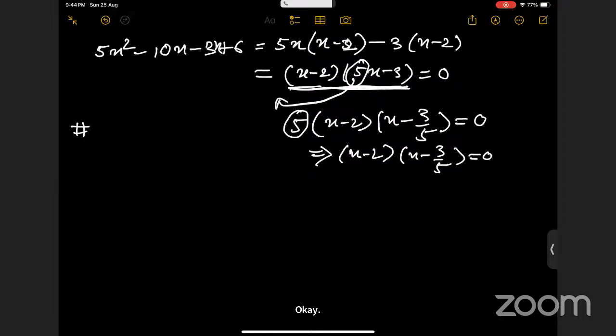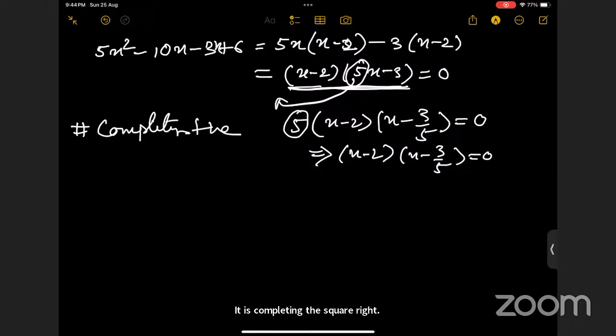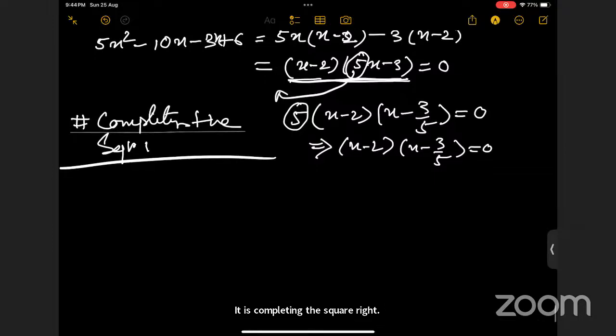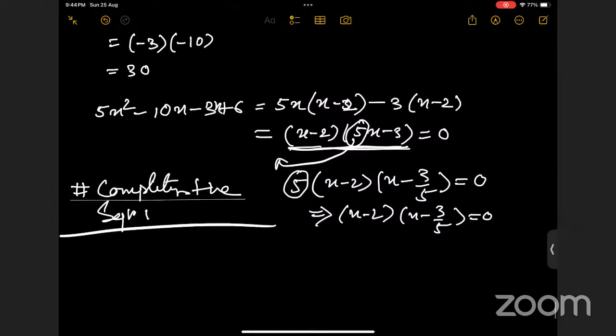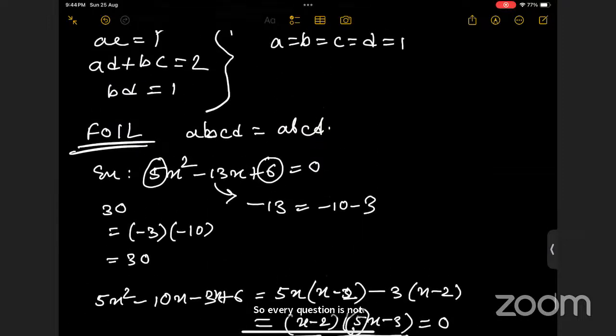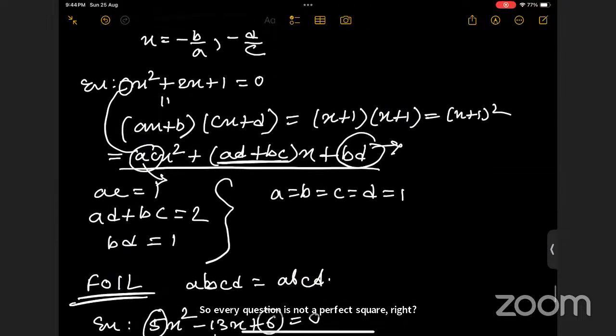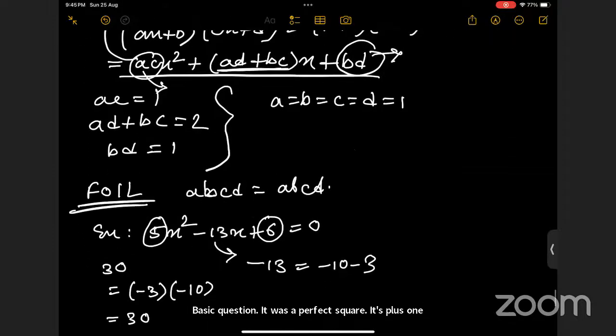Right. So there was another form, which is completing the square, right? Every equation is not a perfect square. In the first case, I took this equation. It was a perfect square, x plus 1 whole square, right?